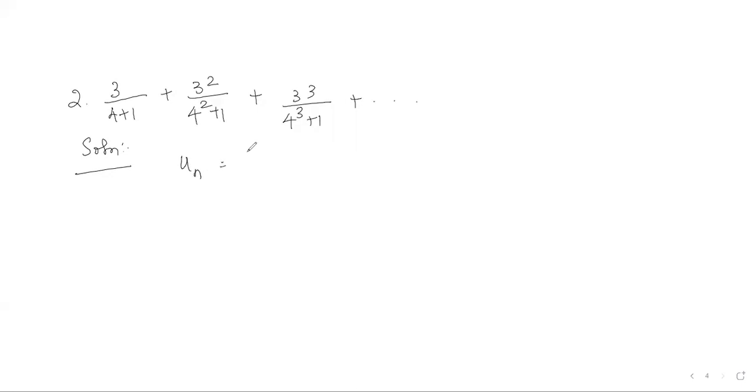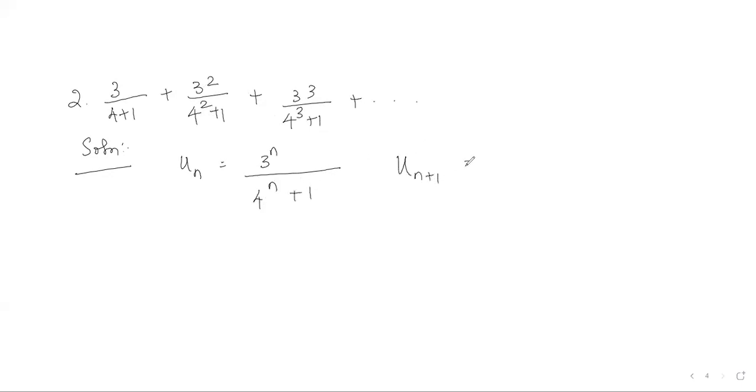So here un is the numerator, you see 3 power 1, 3 power 2, 3 power 3. Therefore, nth term will be 3 power n. Denominator, the first term is 4 power 1, 4 power 2, 4 power 3, so nth term will be 4 power n plus 1.